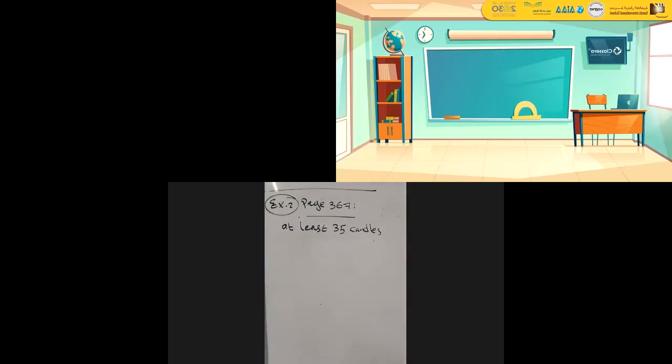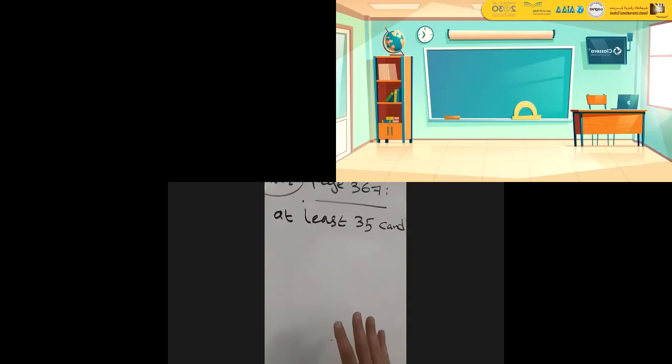x over 6.5. No, read the question again. Make your voice clear and high, and read the question again. Okay. Mrs. Miller is buying wax to make candles. She wants to make at least 35 candles and needs 6.5 ounces of wax for each candle.